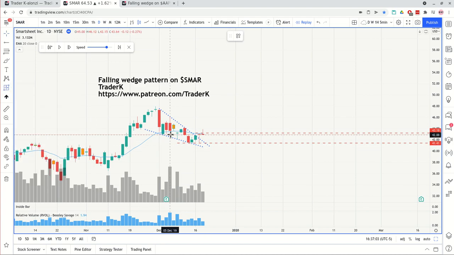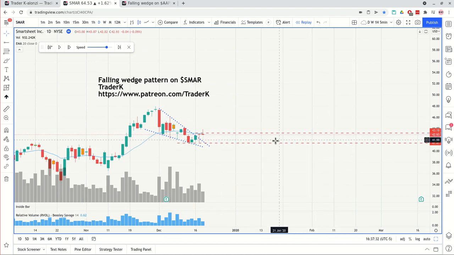If the percentage is not relative to the stock volatility, we don't take the trade. For example, here the risk reward unit is 4%, and it's relatively small to the stock. It's not big, it's not too small, so it's a valid risk reward unit.